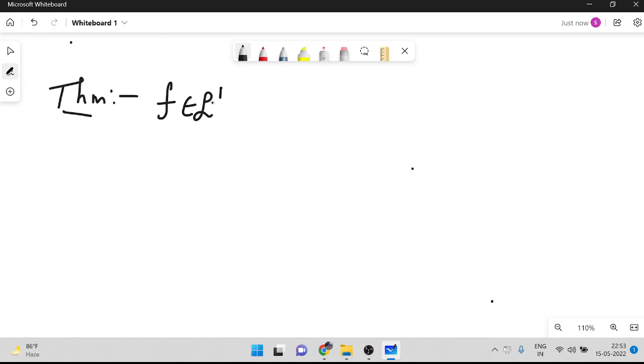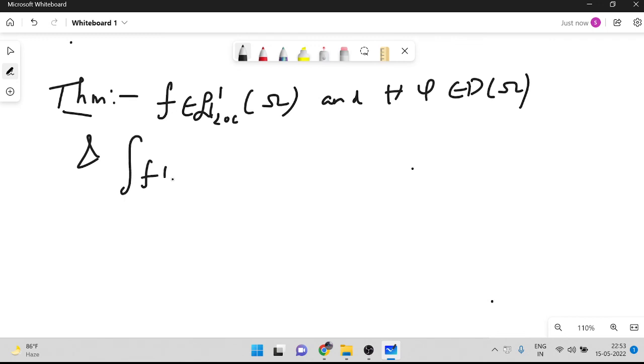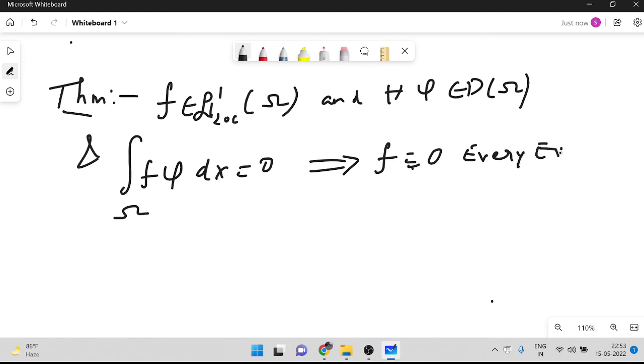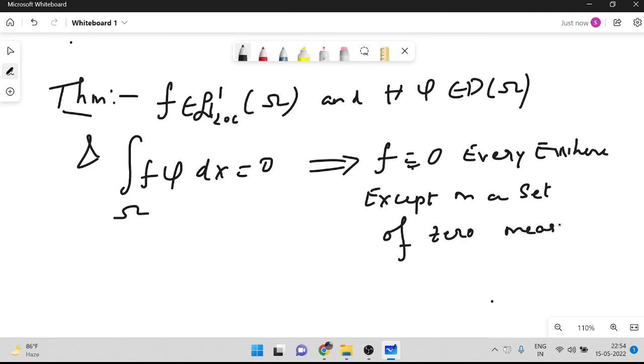If f is a locally integrable function on Ω, and for every φ belonging to the infinitely differentiable functions, the integral of f φ dx is 0 for all φ, this will imply that f is 0 everywhere except on a set of zero measure.